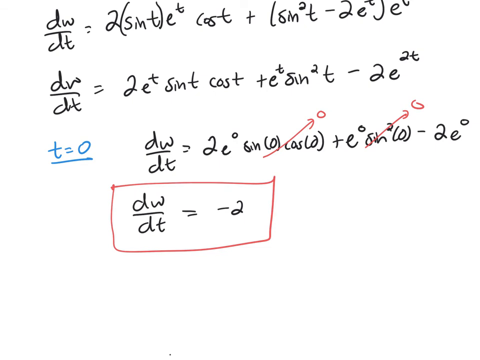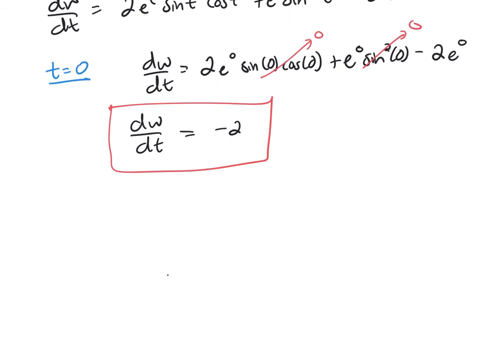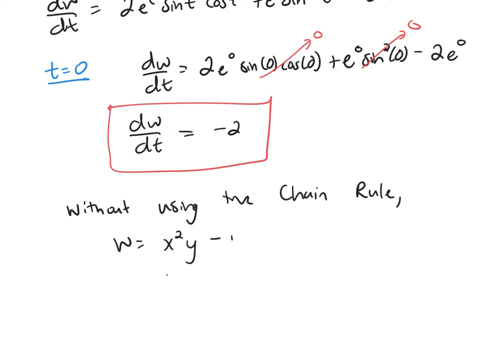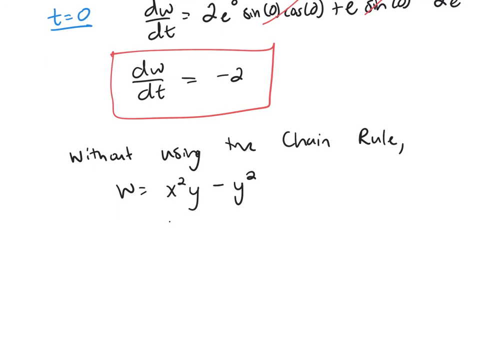Now I do want to mention that you didn't have to use the chain rule on this problem, unless you're specifically told you had to. Without using the chain rule, you could have gone to your equation for w and plugged in your equations for x and y.